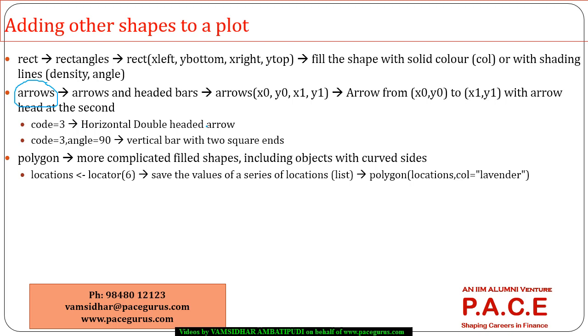And if you want a polygon to be created, you can add your polygon function as well. Right, you can very well create your complicated filled shapes, and for that you can use a locator as well. So initially, you can create locations using the locator 6.